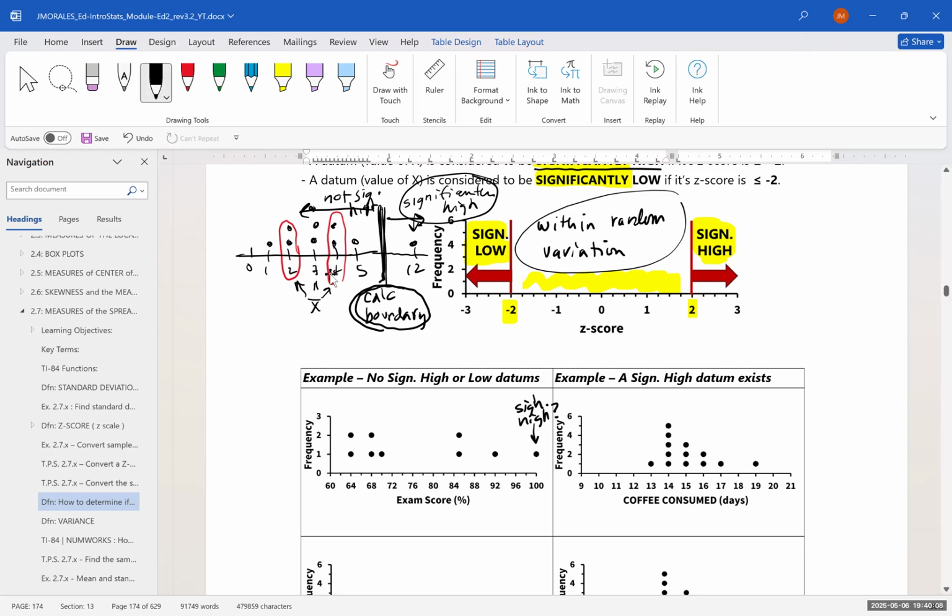Likewise, is a score of 64% significantly low, or is that too simply within random variation?